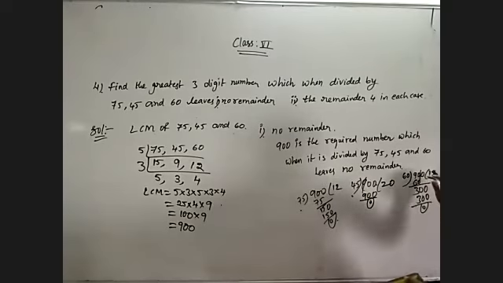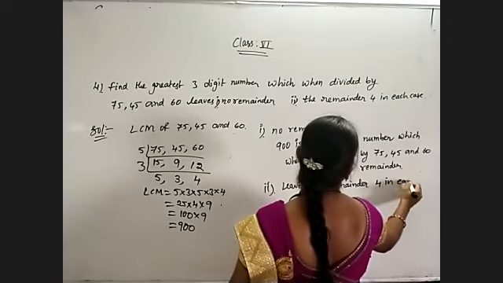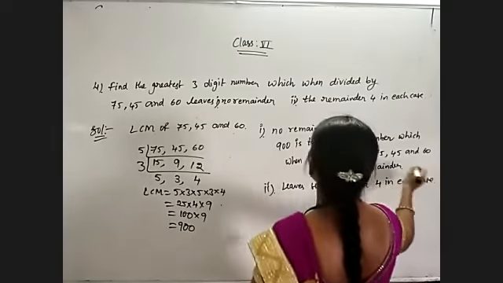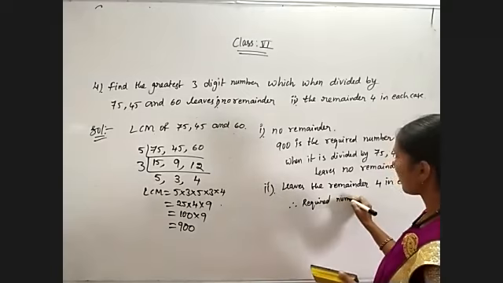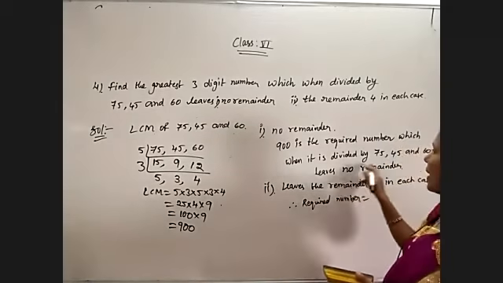Next question: leave the remainder 4 in each case. Means when it is divided by 75, it must leave 4 as the remainder, and with 45 also we need remainder 4, with 60 also remainder 4. By taking 900, we get no remainder.